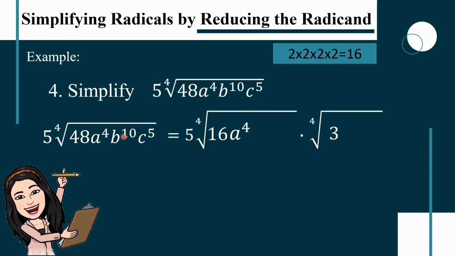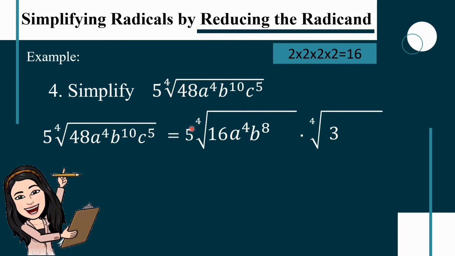Now, b raised to 10. Ang b raised to 10 ba ay perfect fourth root? Hindi po. But there are factors of b raised to 10 na kung saan ang isa ay perfect fourth root, and that is yung highest exponent natin, so that would be b raised to 8. Tama ba? Kasi ang 8 is divisible by our index, which is 4.